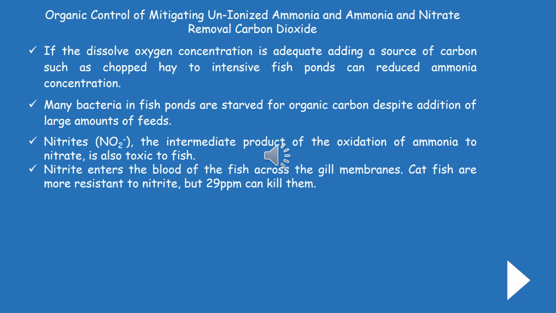Hay is formed when you harvest your grasses, legumes, and dry them. So adding chopped hay to your intensive fish pond can reduce ammonia concentration. Many bacteria in fish ponds are starved for organic carbon, and this hay will provide the organic carbon needed by bacteria, despite addition of large amounts of fish.